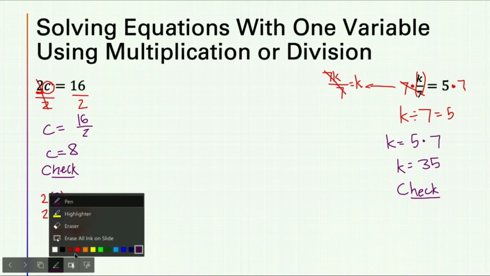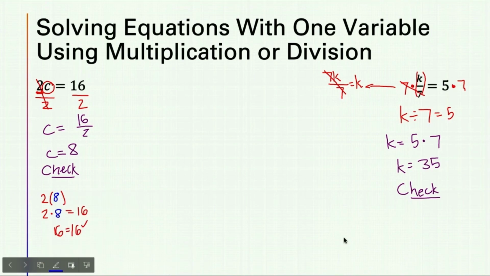Plug in 35 for k. So 35 divided by 7 is equal to 5. And that's true. So 5 is equal to 5, and we're good.